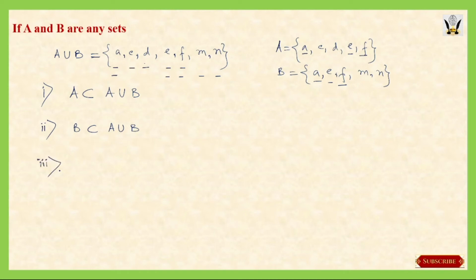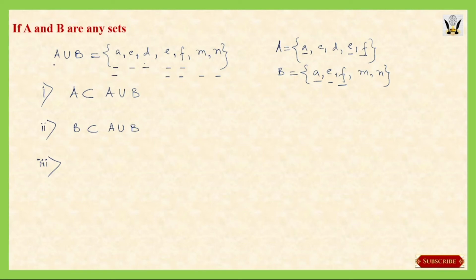Now the third relation that we can draw here is that this resultant set has 7 elements, and if we think of a universal set, it may have all the possible elements of the universe. So with respect to that bigger set, the superset, these 7 elements will also be part of that universal set.